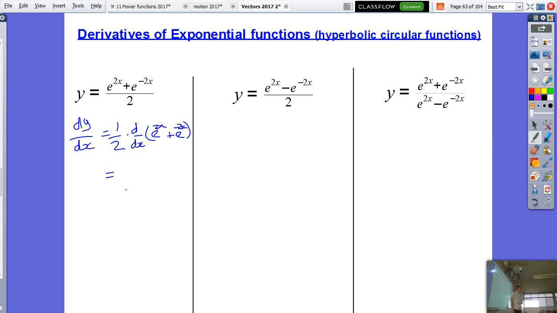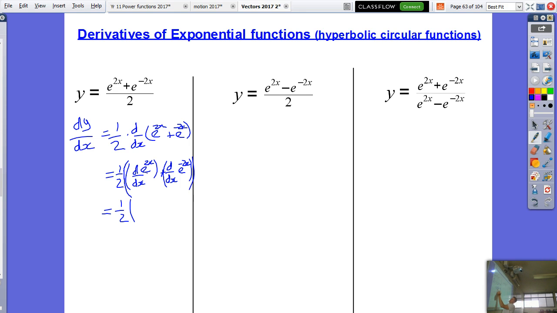These are two separate exponential functions that are simply adding. So the derivative becomes, with that factor of a half, the derivative of the first function plus the derivative of the second function. You just differentiate each exponential part separately.